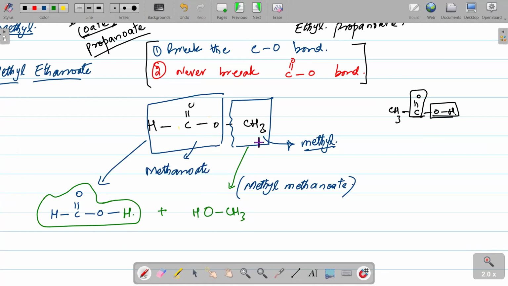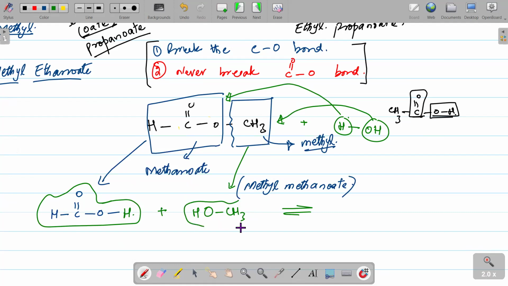So if the ester gets water back, the hydrogen goes to the acidic part and OH goes to the alcoholic part, and we get carboxylic acid and alcohol back. It means that this reaction of carboxylic acid with alcohol is a condensation, by the loss of water. Is it clear?